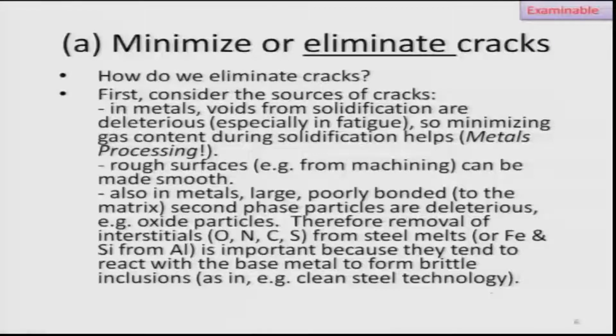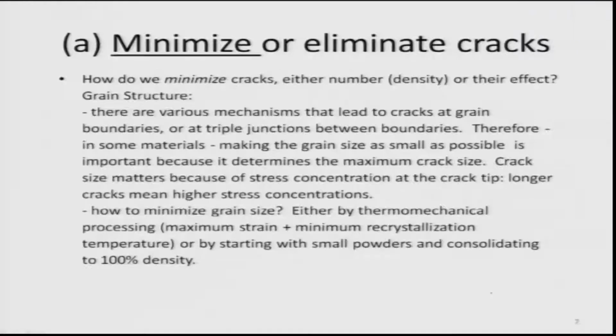So, one of the ways of eliminating this is to remove the oxygen, carbon, nitrogen, sulfur from the steel, because they produce brittle inclusions. So, these are the different sources of the cracks in the metals, but there are others, I am not giving you an exhaustive list. Okay. So, how to minimize them?